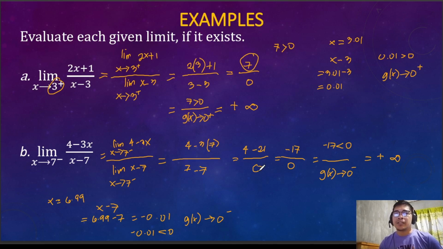We are going to find if g of x approaches 0 from the left or from the right. Then after that, you're going to determine if it is from the left or from the right. So observe, for example, here, 7 from the left. So the value must be less than 7, closer, but less than 7, the value of x.